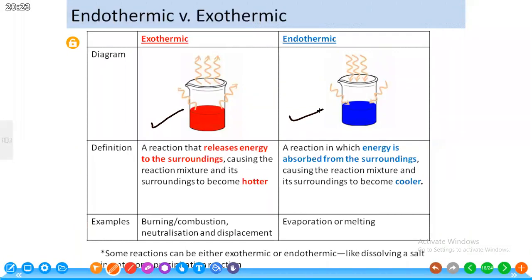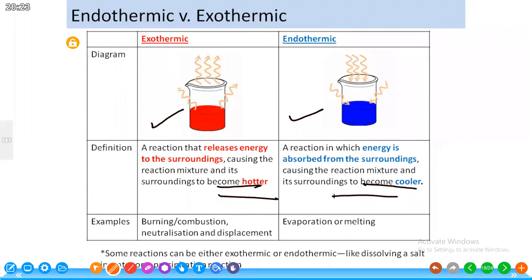A reaction that releases energy to the surroundings, causing the reaction mixture and its surroundings to become hotter, is called exothermic. A reaction in which energy is absorbed from the surroundings, causing the reaction mixture and its surroundings to become cooler, is called an endothermic reaction.